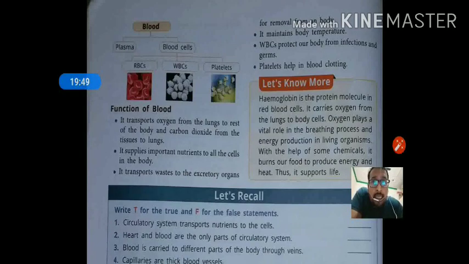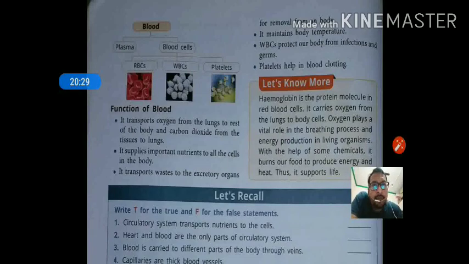Red blood cells help you to collect all the impure carboxyhemoglobin and produce and distribute oxyhemoglobin from the lungs. The platelets help in clotting, so whenever you get hurt, that wound will recover easily. WBC, white blood cells, fight against all the bacteria and viruses.